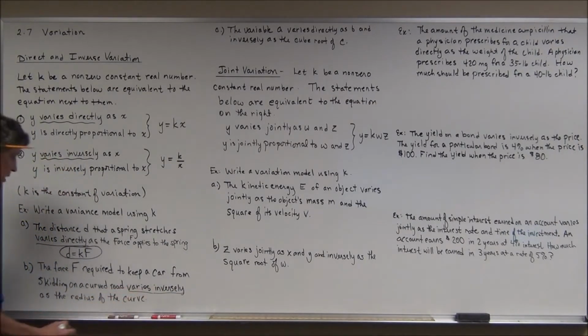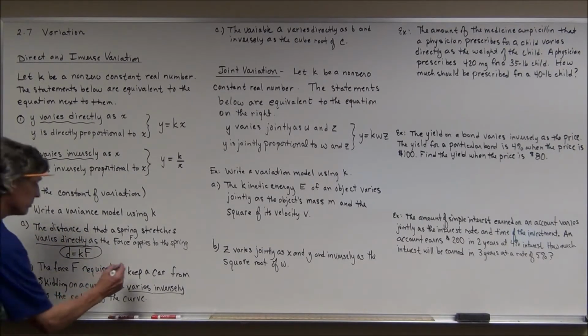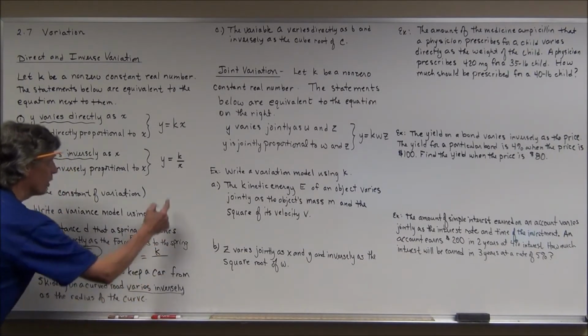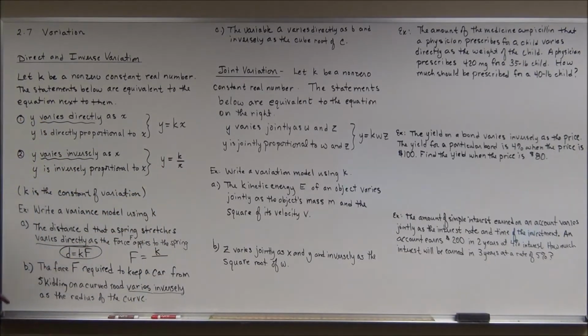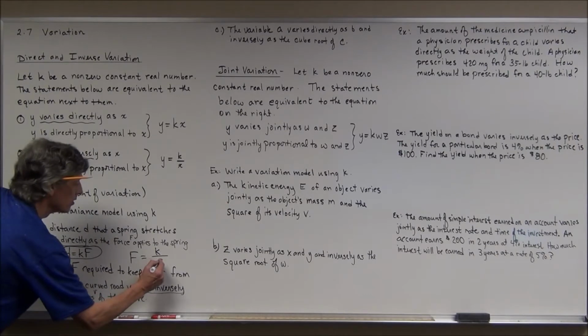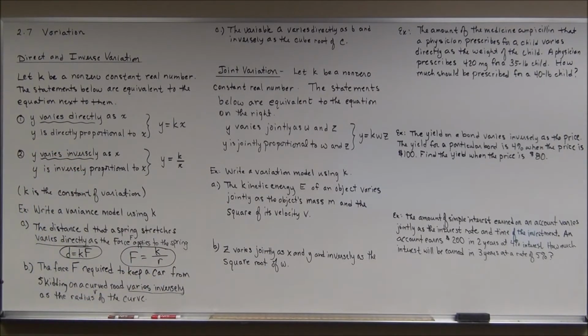I'm going to put the equation above because I didn't leave enough space below. The force varies inversely, so k goes in the numerator, over the radius of the curve. I'll just call the radius r here, and this would be the variation model for this problem.